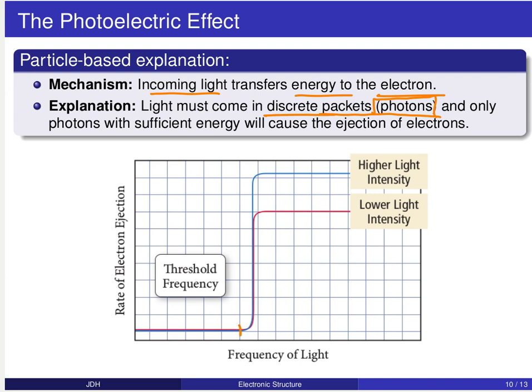That sufficient energy is reached once the incoming photons have a frequency corresponding to this threshold value right here. And if you don't have individual photons with this sufficient amount of energy to start kicking out the electrons, then it doesn't matter how many of these photons you throw at the metal, you're never going to see an electron coming out.